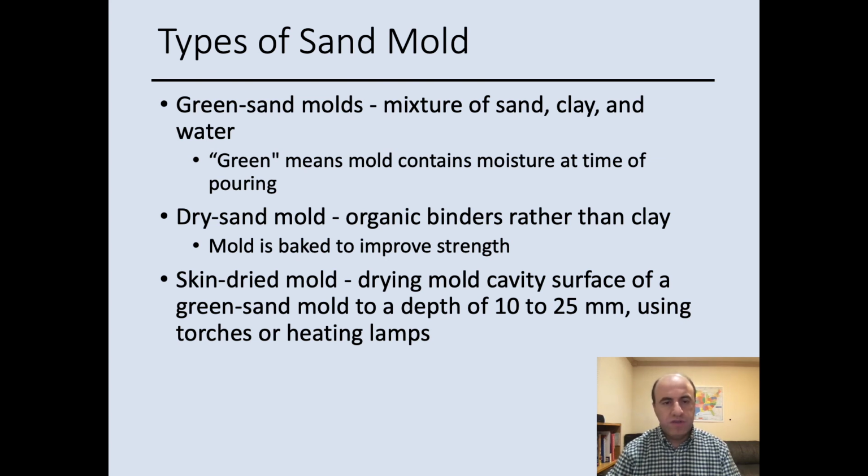The last one is skin dry mold, where we dry the mold cavity surface to certain depths, for example, 10 to 25 millimeters. We use torches or heating lamps to dry the surface of the mold.